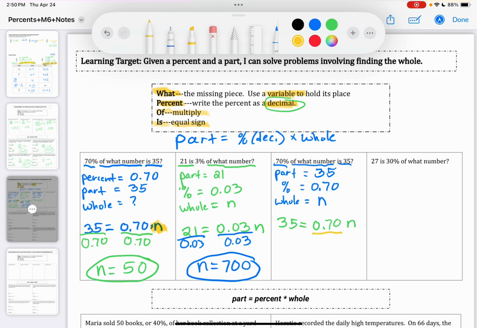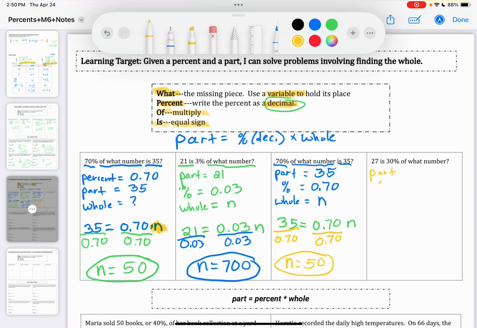So let's divide both sides by 0.7 or 0.70, same thing. So that means I'm going to get 50. That was just the same problem as the first one, wasn't it? Yes, it was.